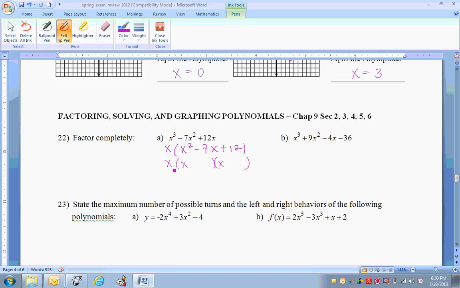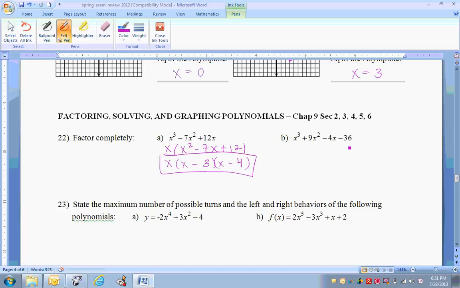So I keep bringing down that x, and then I need two numbers that multiply to 12 but add to negative 7: 3 and 4. They both have to be negative in order to multiply to a positive 12 and add to a negative 7. So there is my completely factored form of part A.